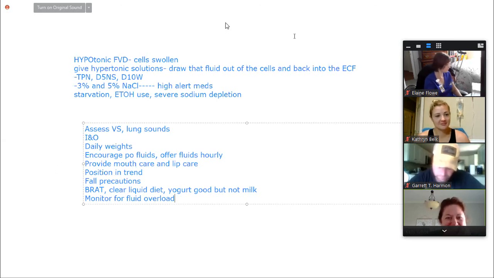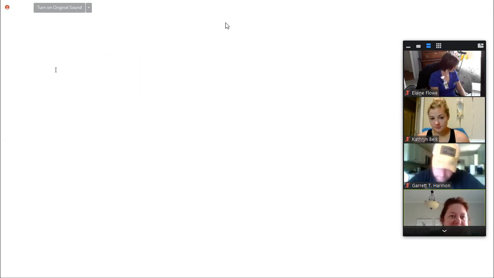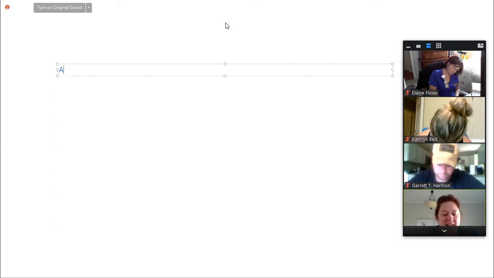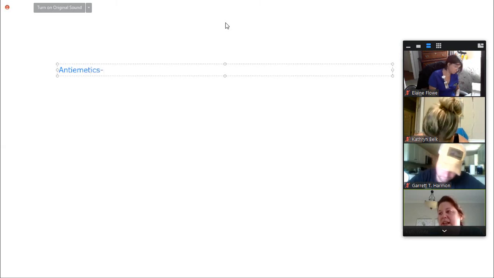All right. So what other medications can we give? So this patient is dehydrated because they have been throwing up. So what are we going to give? Antiemetics. So that's going to help them to prevent fluid volume loss due to vomiting.